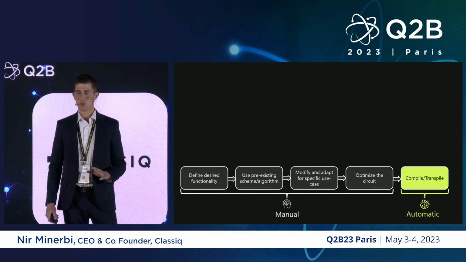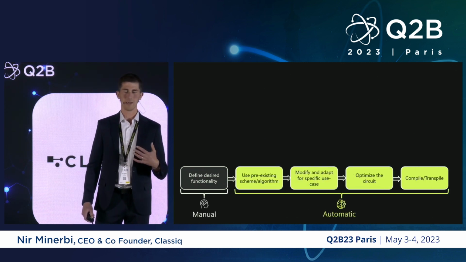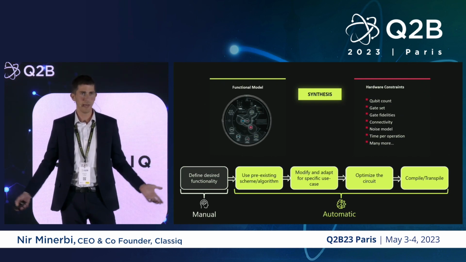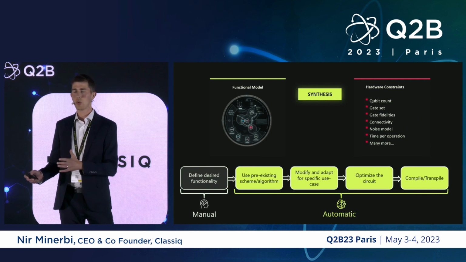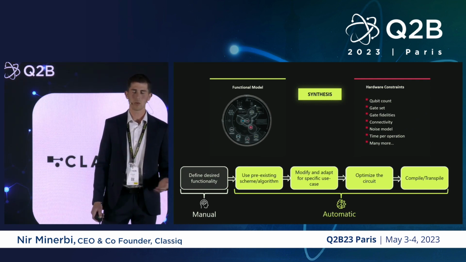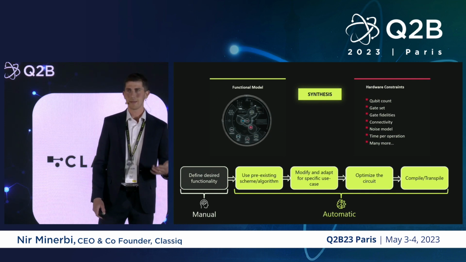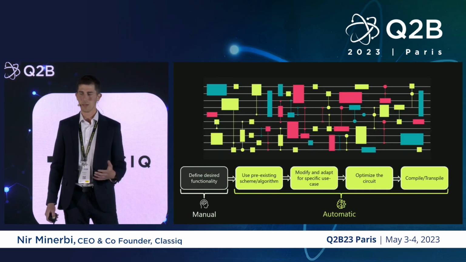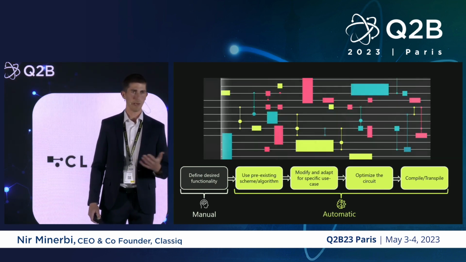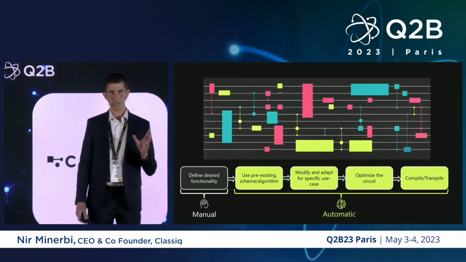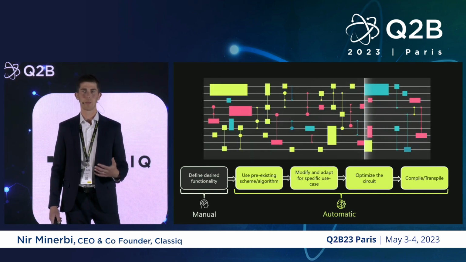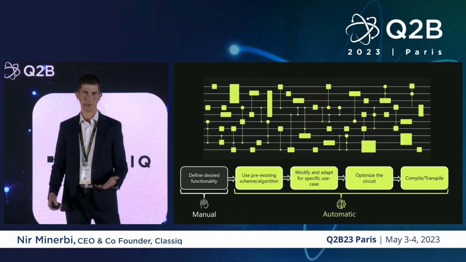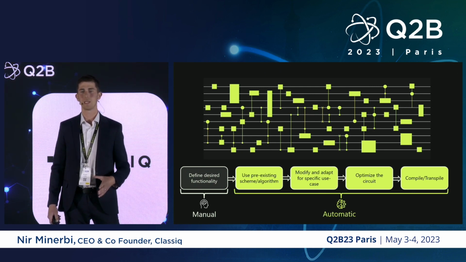With Classiq, the process looks different. With Classiq, you define the functionality. You focus on the functional model, what's your intent, what you want to achieve, and also on the hardware constraints, right? It could be anything. It could be qubit count, the noise model, connectivity and so on, and then you let automation go through the entire design space, millions of different circuits, and it will stop when it finds the circuit that both meets your functional demands and is also optimized for the constraints you apply or for a specific machine.